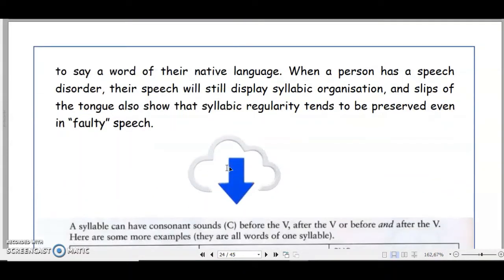If you suffer from aphasia or any problem in your brain after an accident, you will see that the organization of consonants is in a way preserved. You tend to put consonants and vowels together.